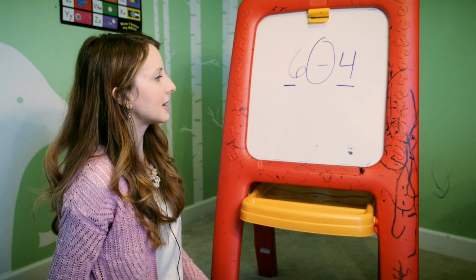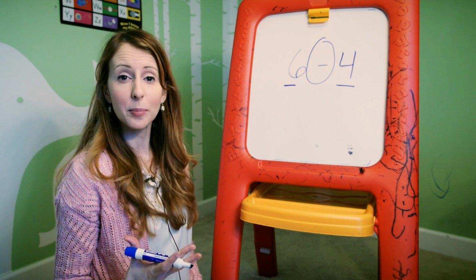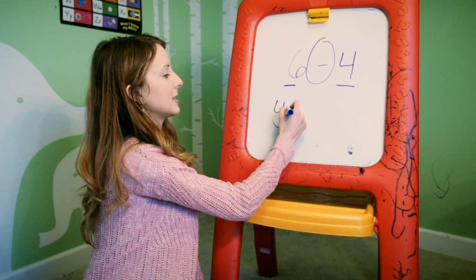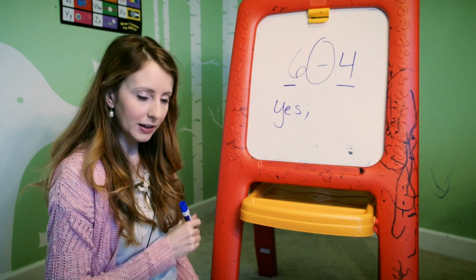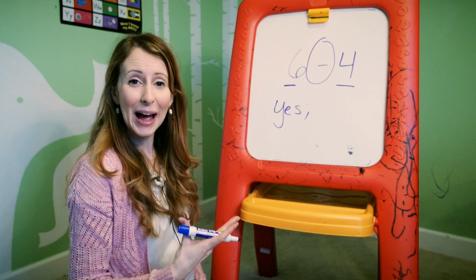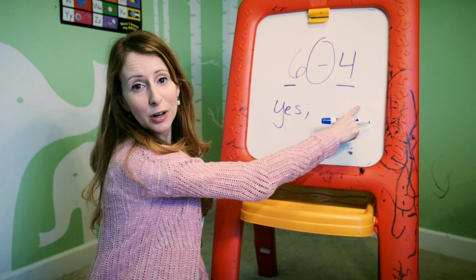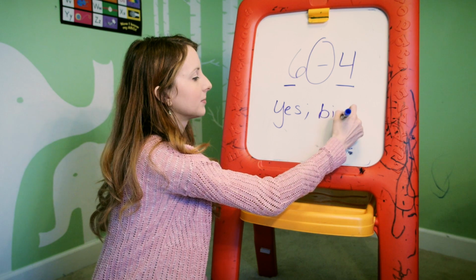So in this case, the answer to, first of all, is it a polynomial? The answer is yes. And specifically, what type is it? Well, it has 2 terms, so it's a binomial.